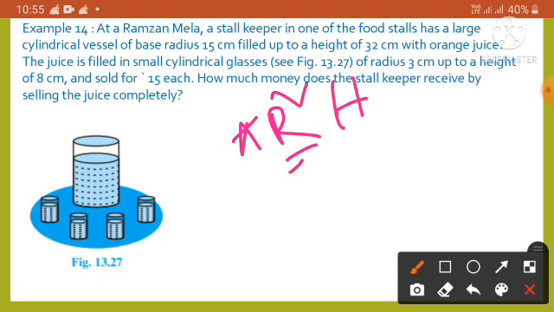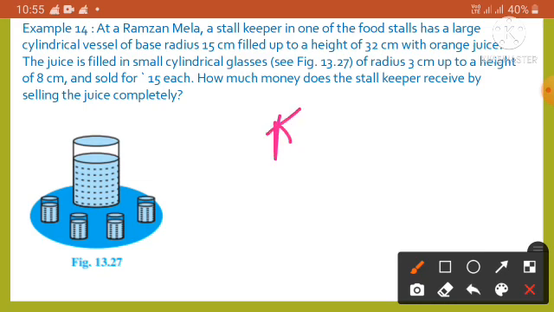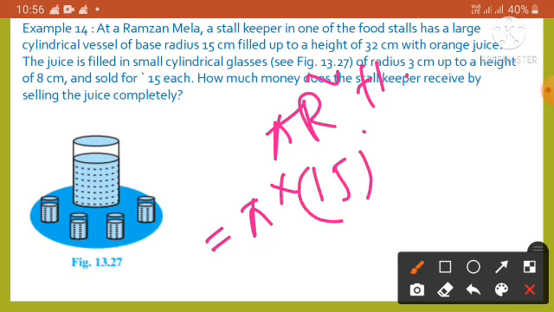So we are taking capital R and capital H for the large cylindrical vessel. So here it is pi R square H, where R and H are the radius and height respectively of this large vessel. So it will be pi into 15 square into 32, in centimeter cube.